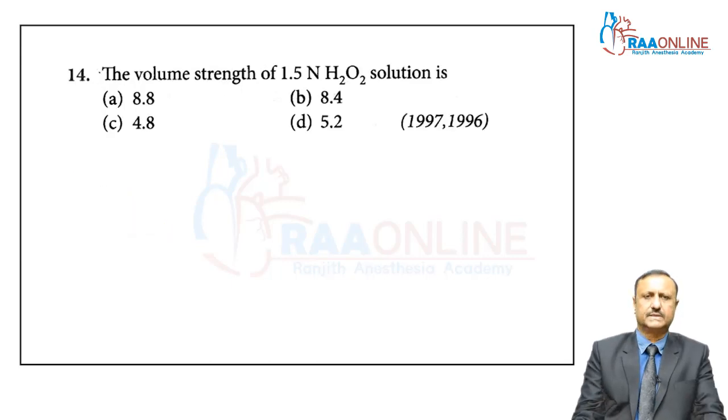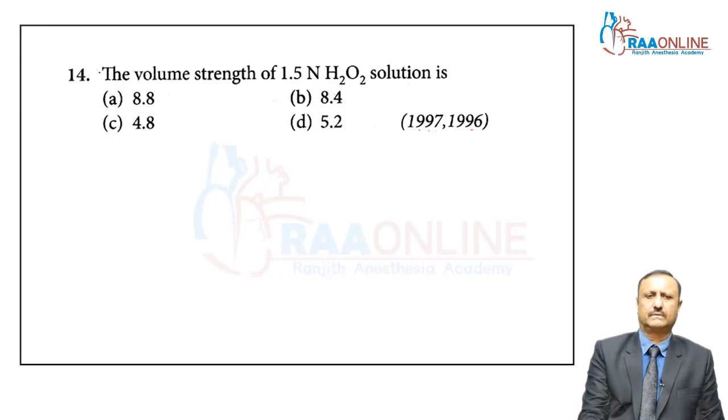Now, my dear students, we can see here question number 14. The volume strength of 1.5 normal H2O2 solution is, this question was asked in 1996 as well as 1997. My dear students, I will give you the concept and formula for how to calculate volume strength. Normality N is equal to 1.5, given in the numerical. So, what is the strength?